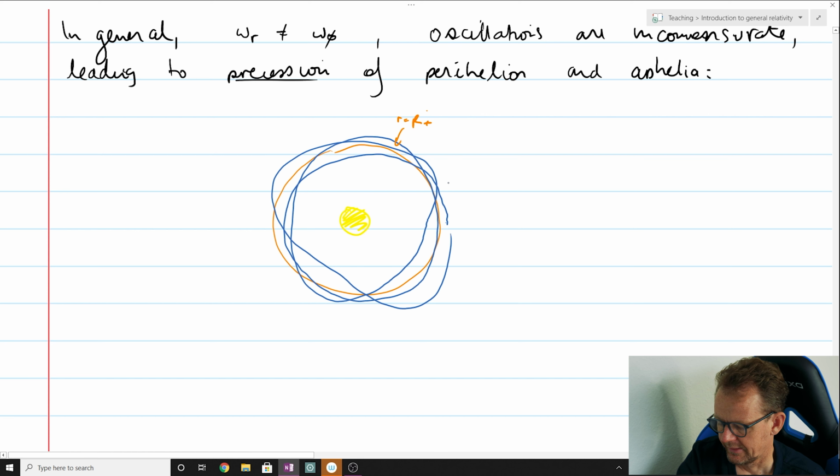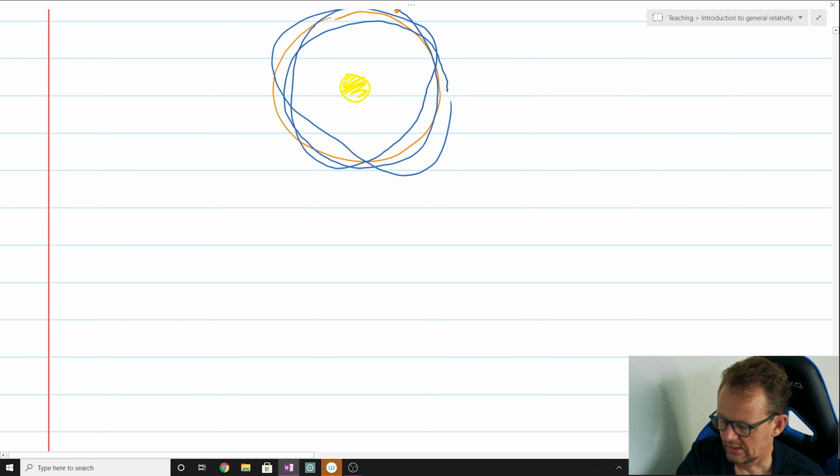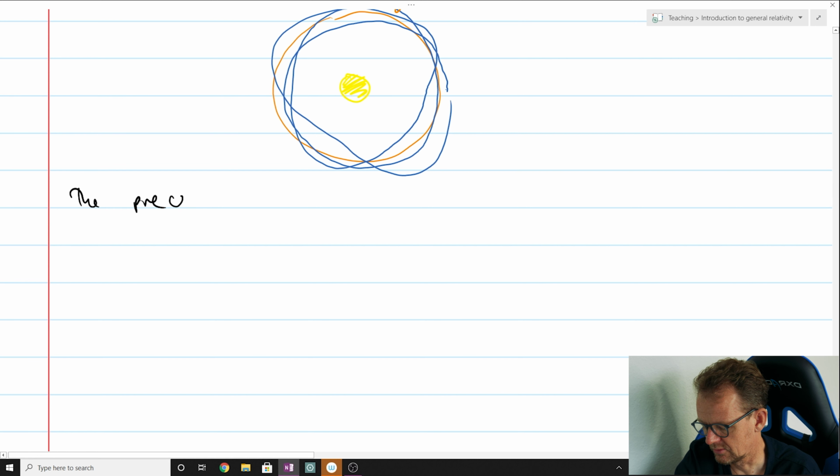Right? And the point where the particle is furthest from the object, or closest to the object, changes from orbit to orbit.